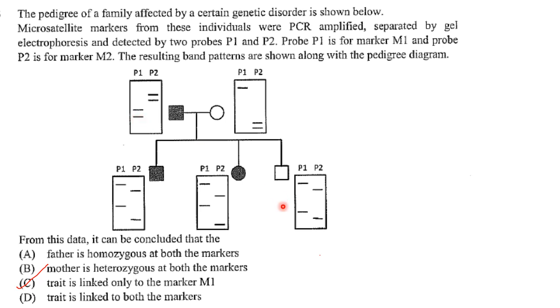This band is obtained from the father, so the person is not diseased. So you can conclude that the trait is linked only to the marker M1 because P1 is the marker for M1. So the trait is linked only to the marker M1. Answer is option C.